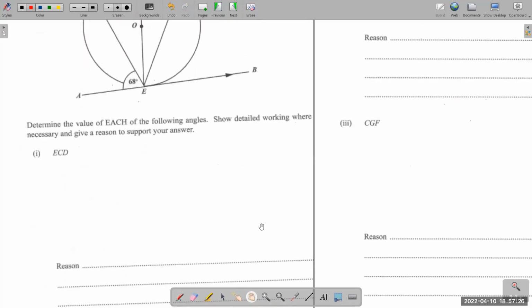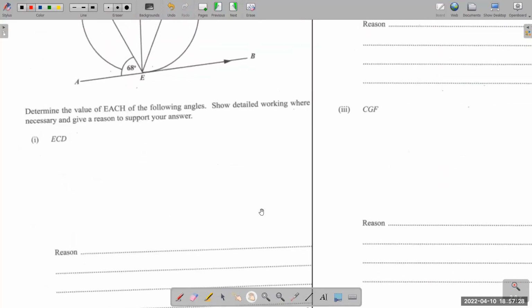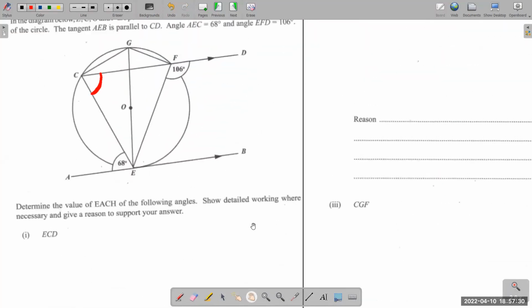I seen a Z. Is it the external and internal? I ain't seen the Z. Anybody seen the Z? Look at it.